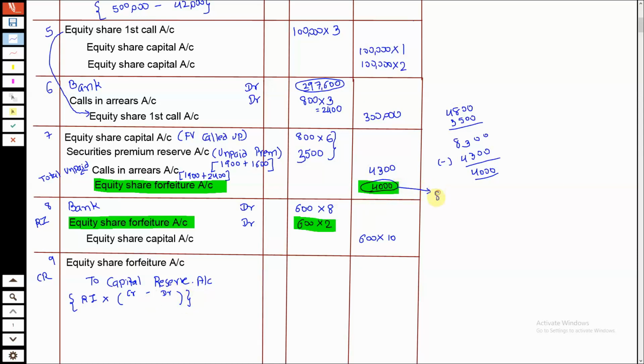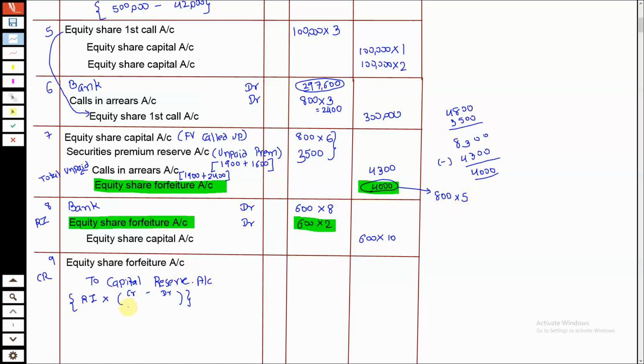So look here, this 4000 amount in share forfeiture is for 800 shares. Okay, तो per share कितना आपने receive किया होगा face value. तो what I will do, I know that this 4000 is 800 into 5.